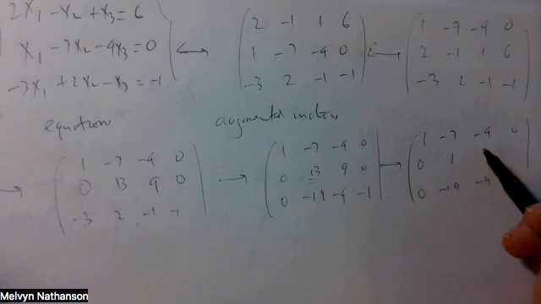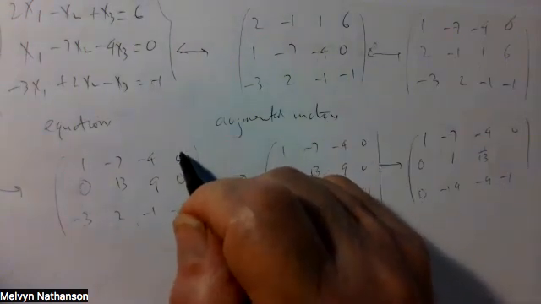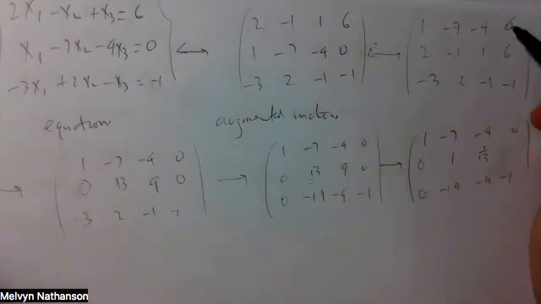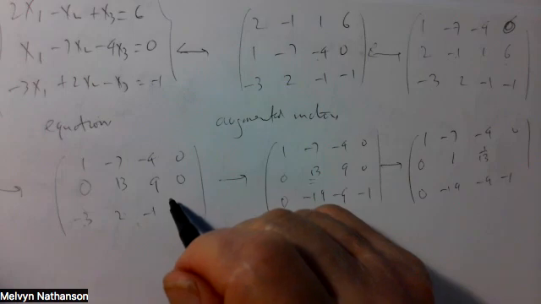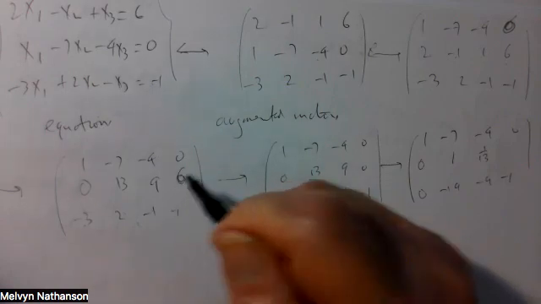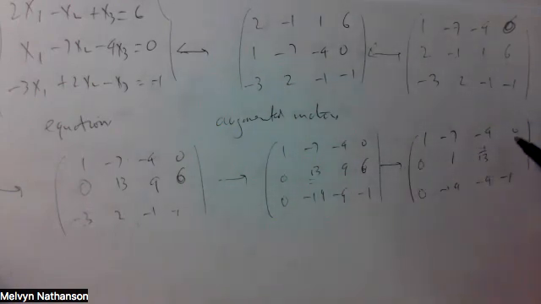I get 0, 1, 9 over 13, and this is a 6. I'm multiplying this by 1 over 13, and I get 6 over 13. Okay.